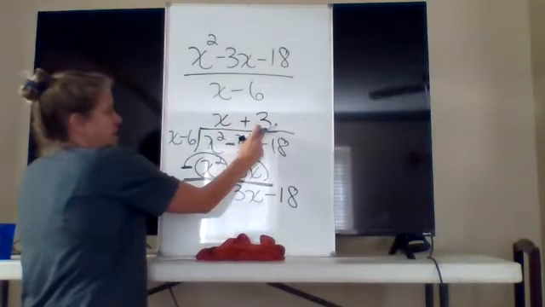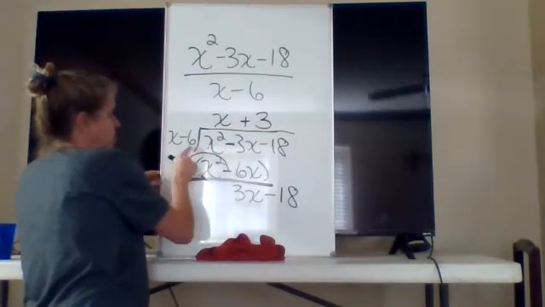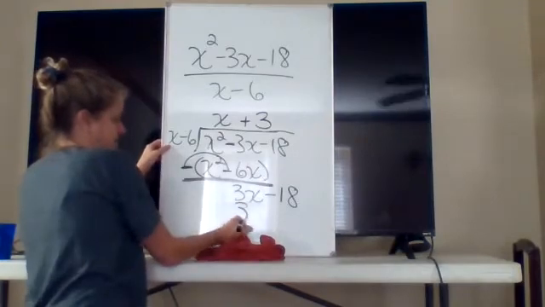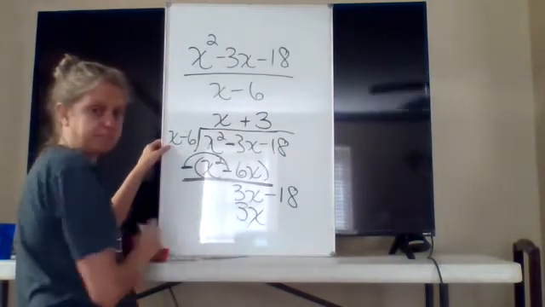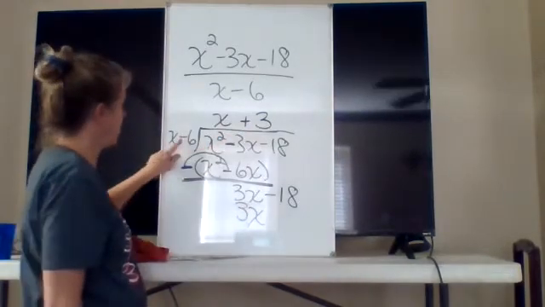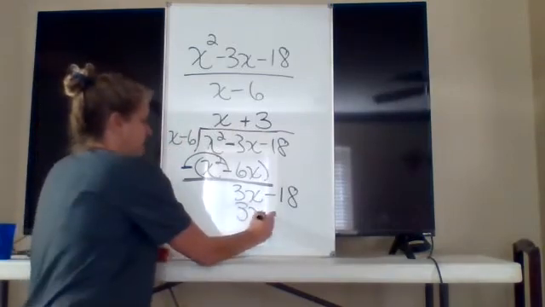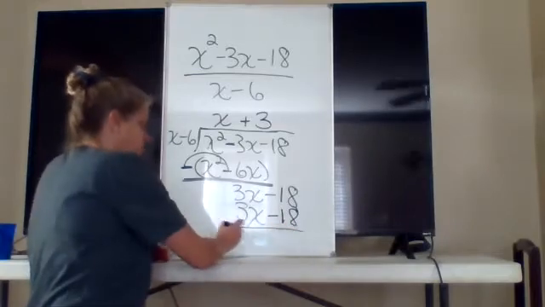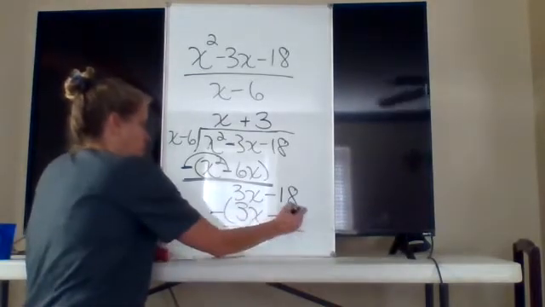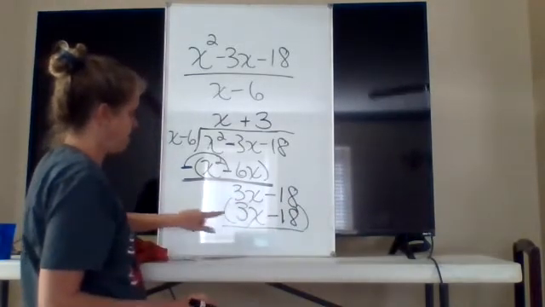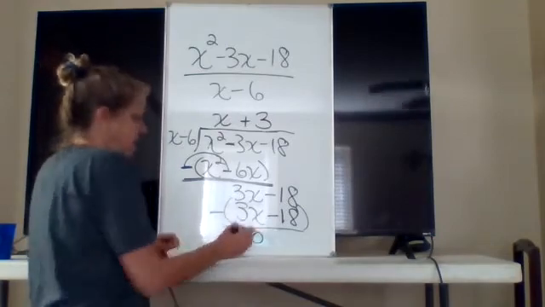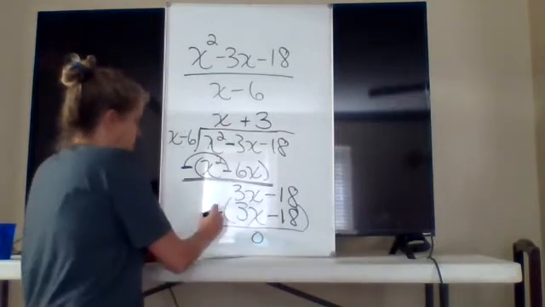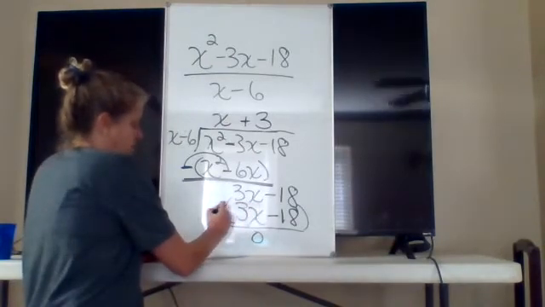I'm going to do this 3 times both of these. So what is 3 times x? 3x. 3 times -6 is -18. And look what you get when you subtract that, because that's what you always do, is subtract it. 3x minus 3x is nothing. -18, what does this turn this into?